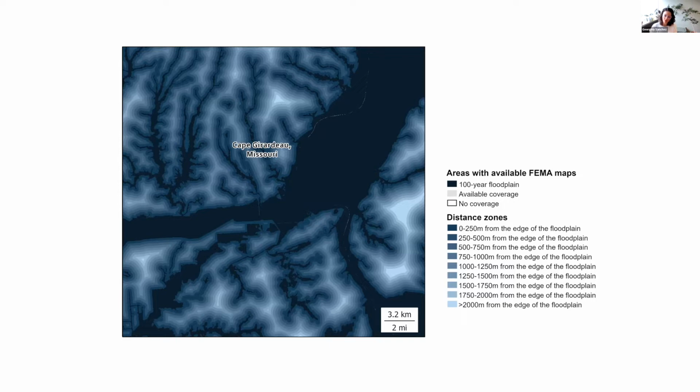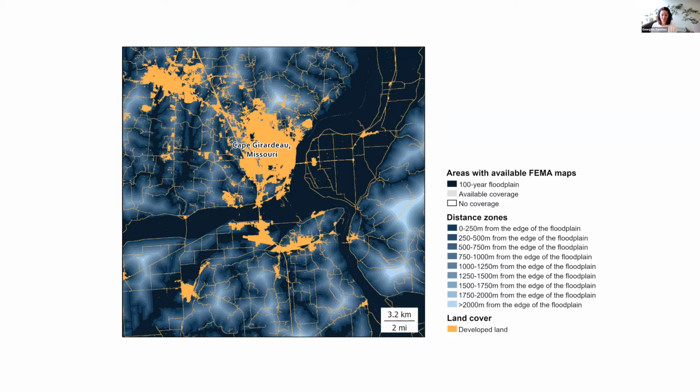So if you're inside the floodplain, it is the darker tone of blue, and buffer zones that are in closer proximity are in darker tones of blue. Buffer zones that are farther away from the floodplain are in lighter tones. And again, we have areas that are classified as developed land. For Cape Girardeau, we can clearly see the spatial distribution of this community along the floodplain.